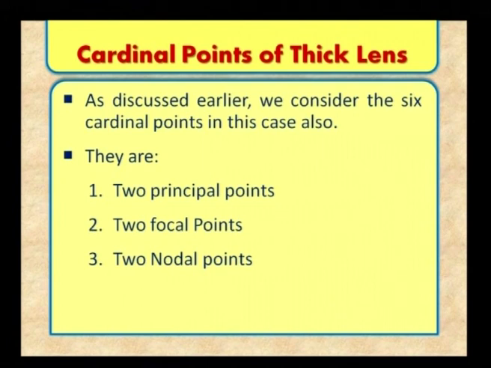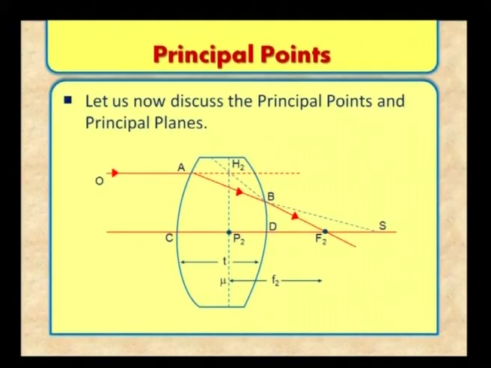In the case of thin lens, we have been talking about the principal points and nodal points, as well as the focal points, 2 for each, that makes 6 cardinal points. So, these 6 cardinal points can be introduced for the case of thick lenses also in order to get the image for a given object. As in the earlier case, we will have 2 cases.